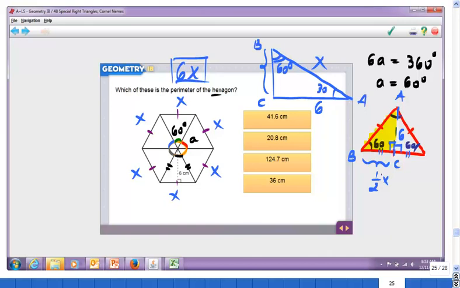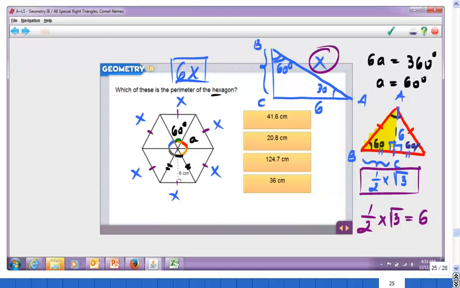If you know that, you can find the longer side as being the shorter side times square root 3. So what I know now is that the longer side is 1/2 X square root 3. So I know that 1/2 X square root 3 equals 6.